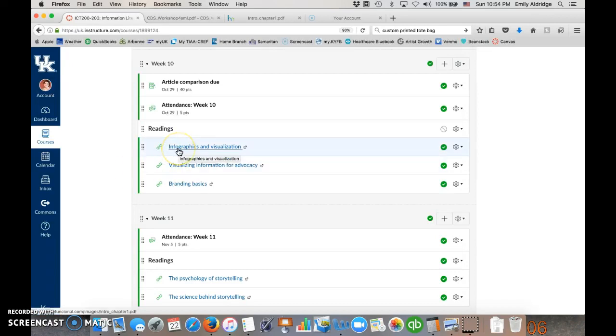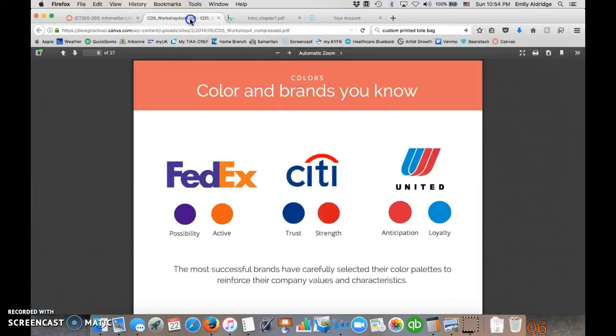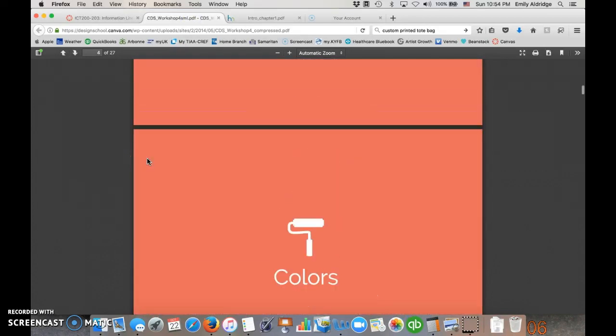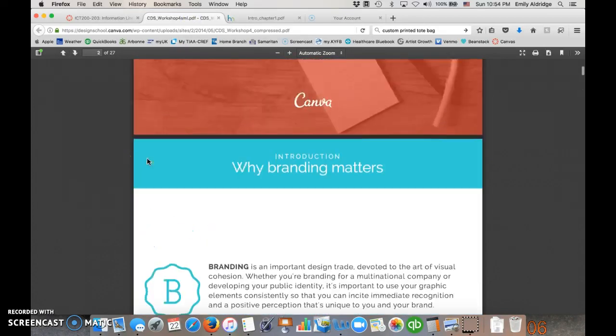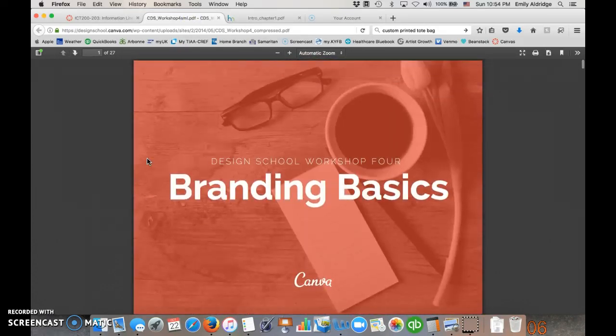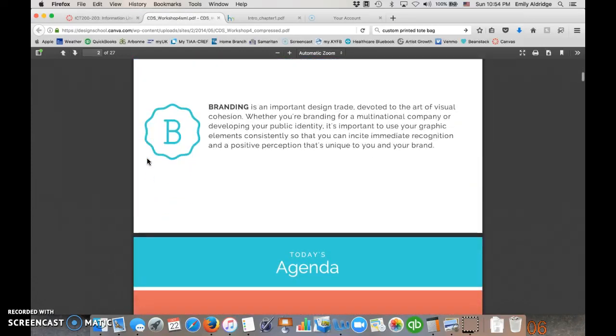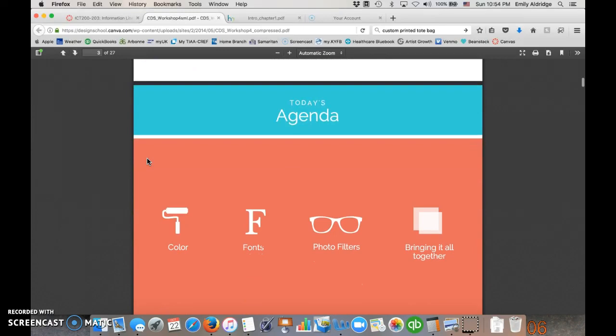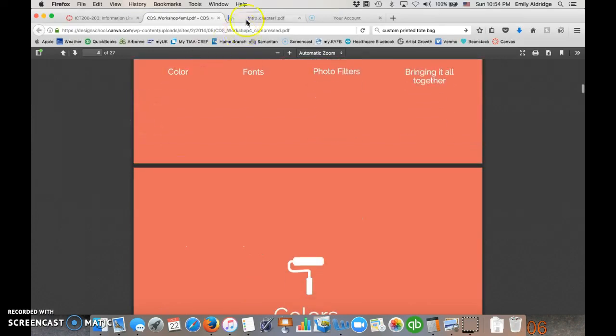As far as our readings for this week, we're focusing on, again, the visual aspect of communicating information. And we have some really cool pieces to look through. This is not so much a reading as it is a sort of PowerPoint style presentation, and so that one is fun to look through.